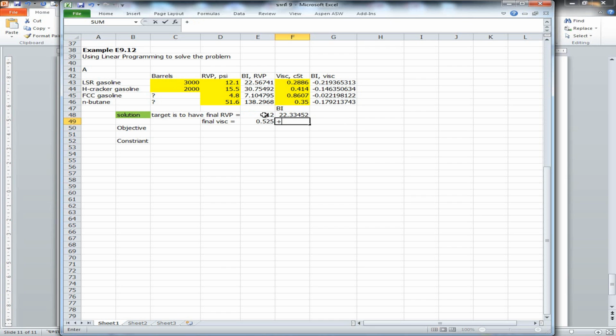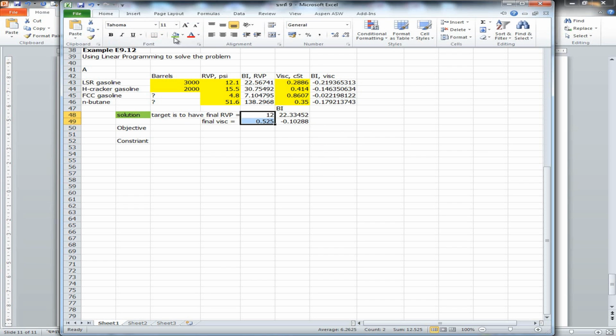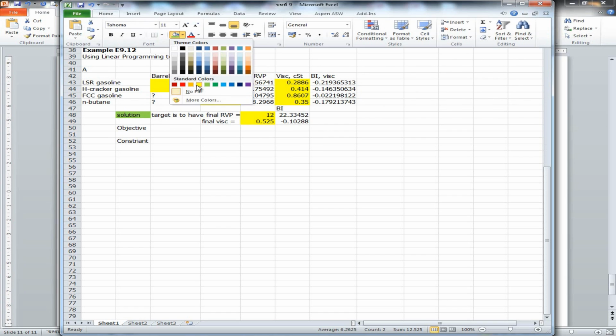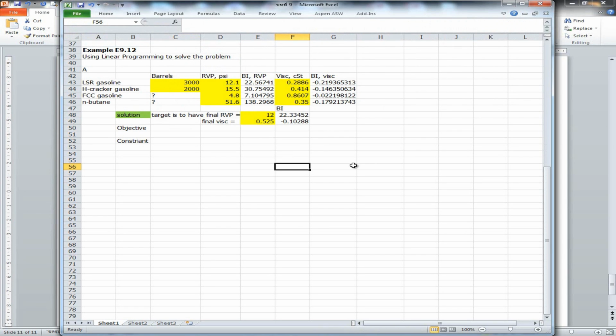And log of 3 plus. Okay. I put the yellow one as the given information.